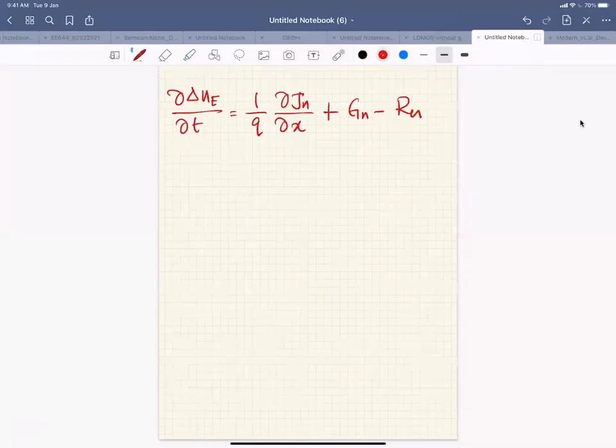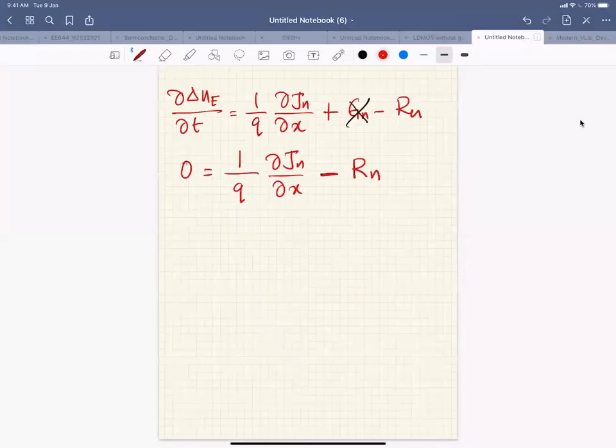So let's consider steady state. Let's say I do not have any generation because I'm not flashing light. So I'll have minus Rn here, right? So what is this Rn? Rn is the recombination part, right?